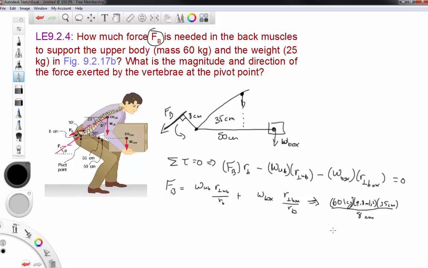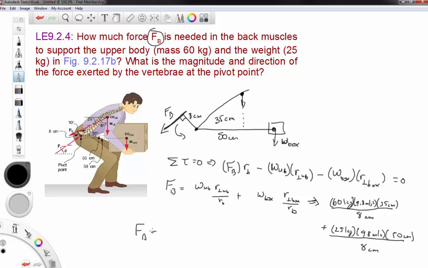And then the other term is given by the mass of the box, which is 25 kilograms, times the free fall acceleration times the distance, which is 50 centimeters, divided by 8 centimeters.